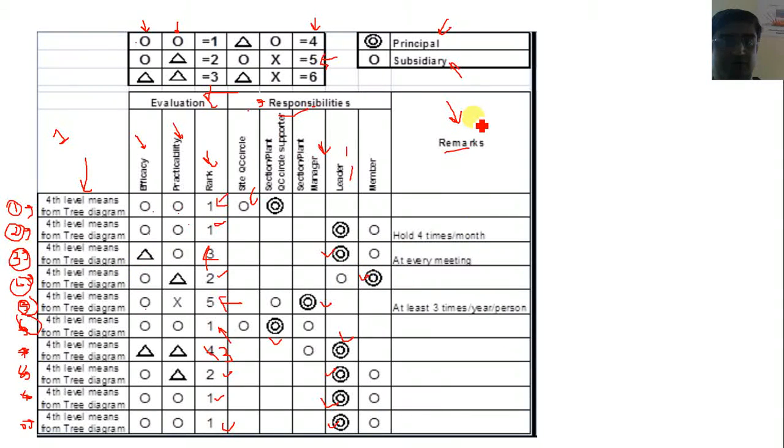So you can also place the remarks in the case of the matrix diagram. So here is the matrix diagram. It uses symbols to give the rank or to give the importance of various means, which are given from the tree diagram.